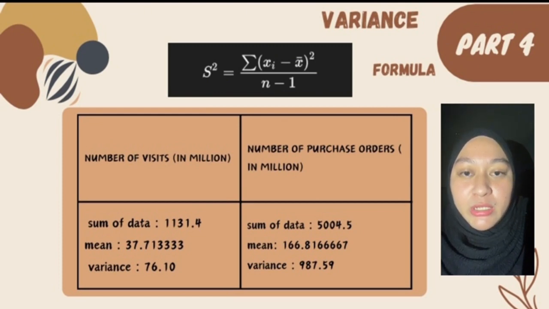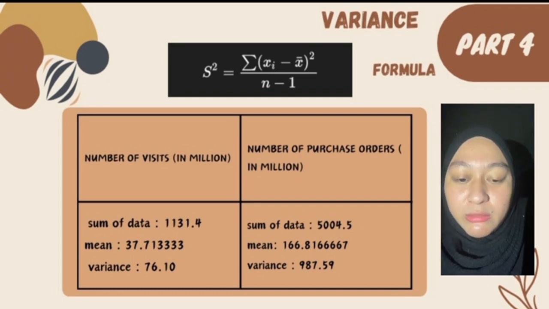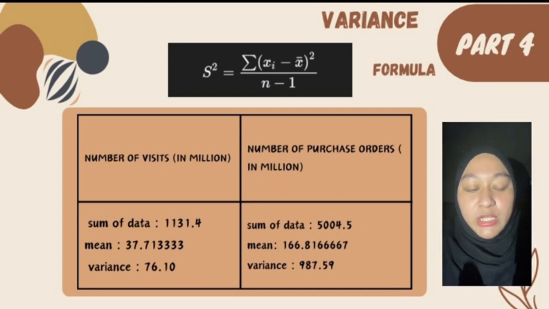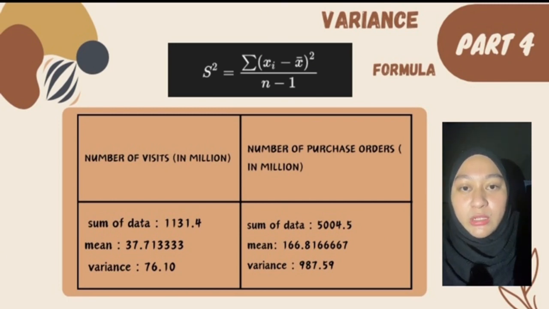And the last one, divide this sum by n minus 1, and you will get the answer. Variance for number of visits is 76.10 and number of purchase order is 987.59. Variance for number of purchase order is higher than number of visits.